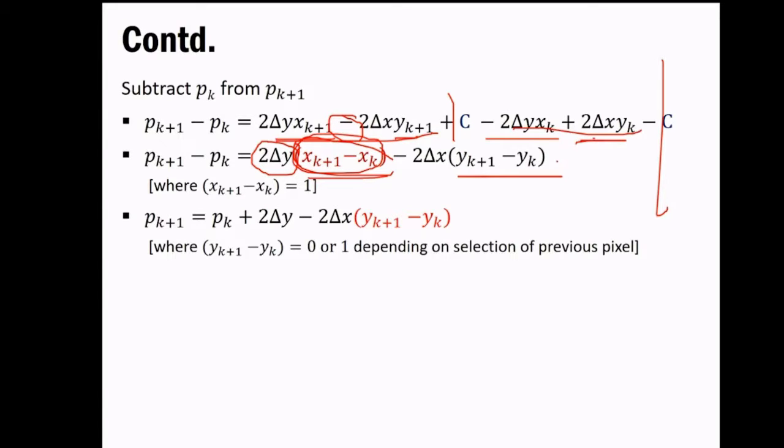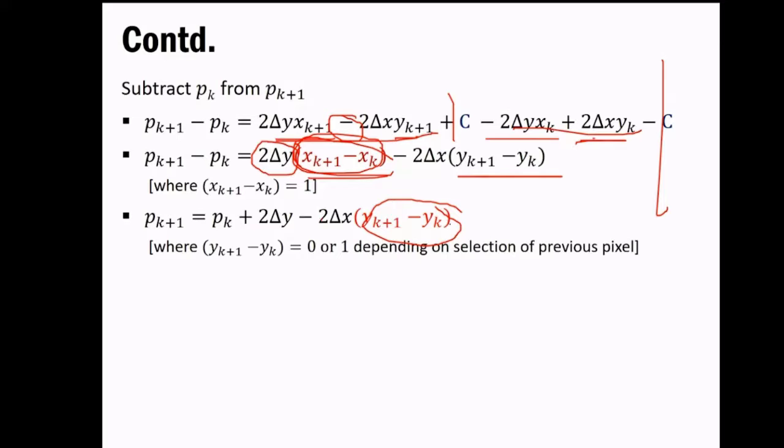Now you'll say, okay sir, we don't have this information with us, but obviously we can't say whether we have incremented this by one value or some other value. It depends on the selection of the previous pixel. We could have a value ranging from 0 to 1. So based on the value, we can either use 0 or we can use 1.